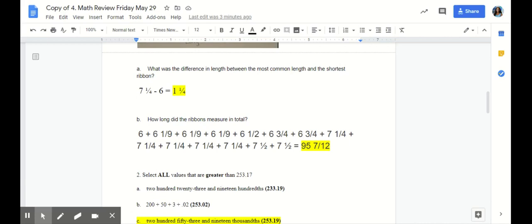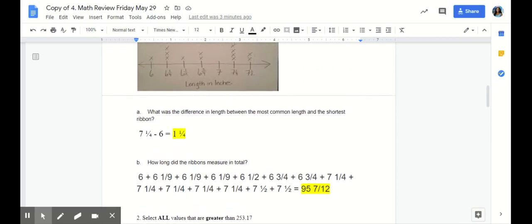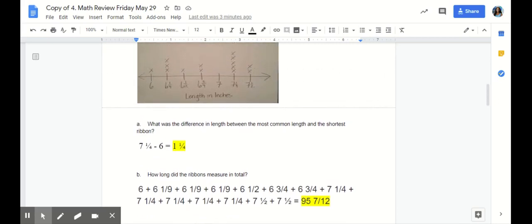B asks us, how long did the ribbons measure in total? So in this case, you're going to add every ribbon together to get the total.